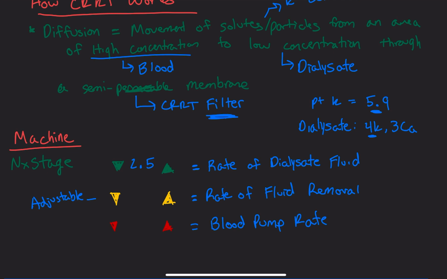Let's just put 200. And then the red is your blood pump rate. This is typically set by an order from your nephrologist, okay? It's normally between maybe 200 and 300, so we'll go with 300 here.